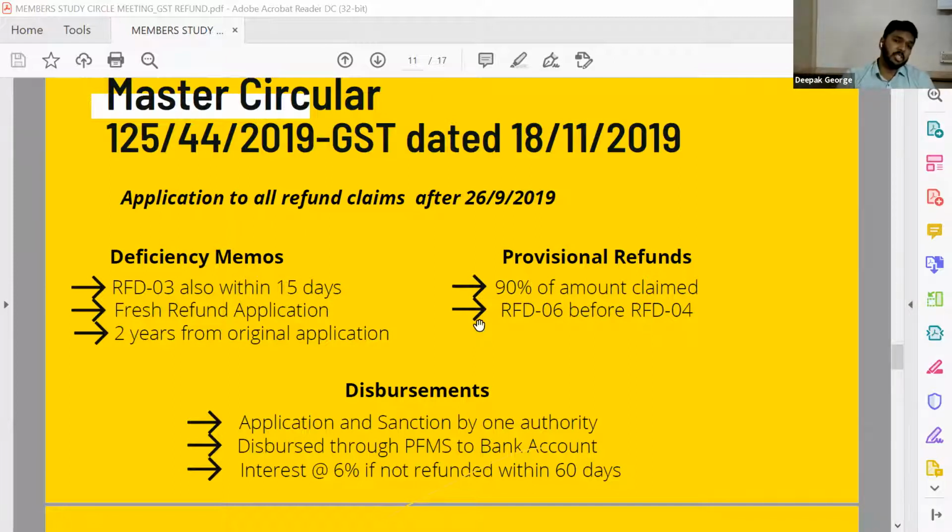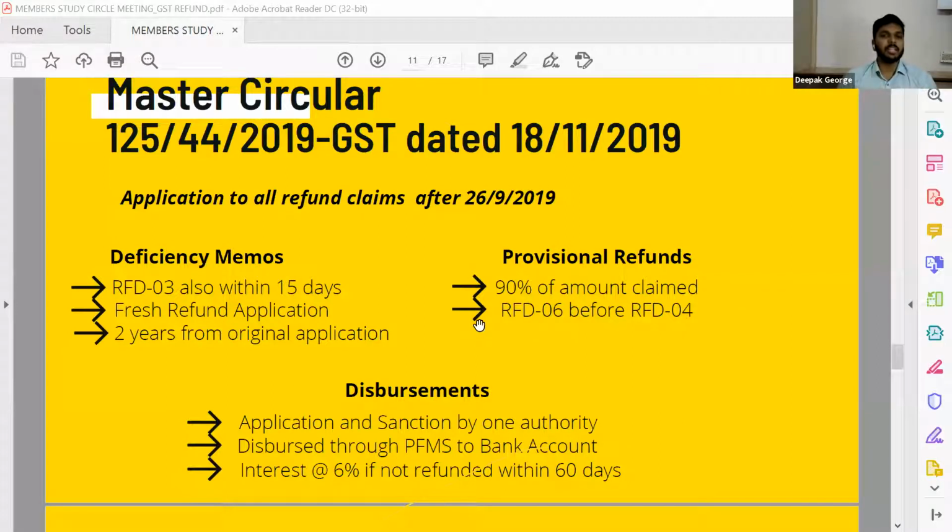It is given by the Ministry of Finance, Department of Revenue, GST wing, to all the principal commissioners, assistant commissioners, state tax officers, etc. A circular basically means something to clarify, an instruction given. It is not applicable to us. Yes, they will implement it and it becomes applicable to us, but it's just reference material for us.